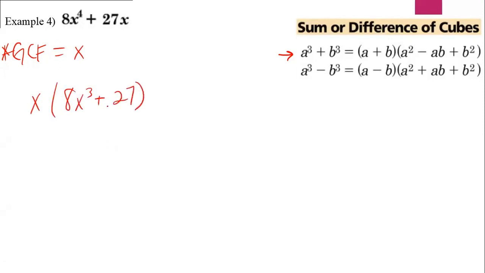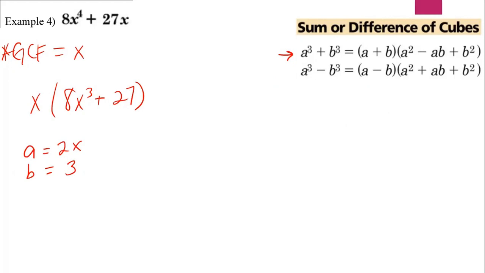Now, I'm going to use the perfect cubes, because the cube root of 8x cubed is 2x, right? The cube root of the second term is 3. Remember, this is a formula. So I find the variables, I plug in, and I simplify. That's all I have to do with the formulas.